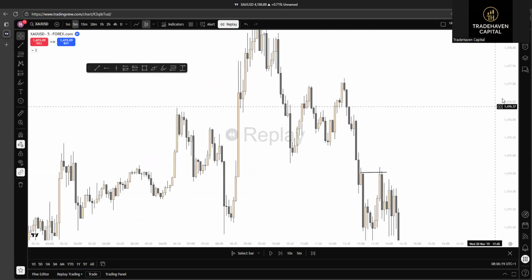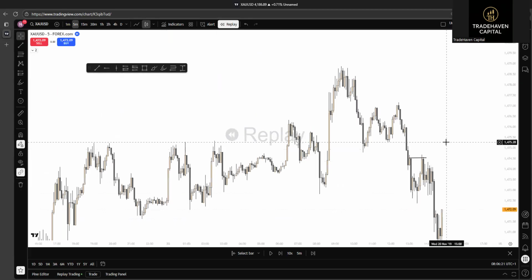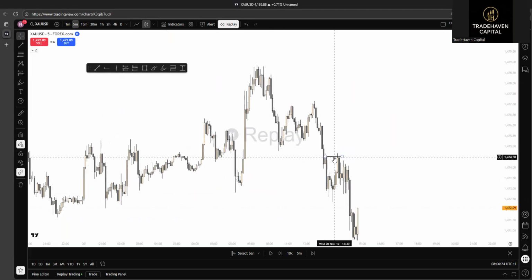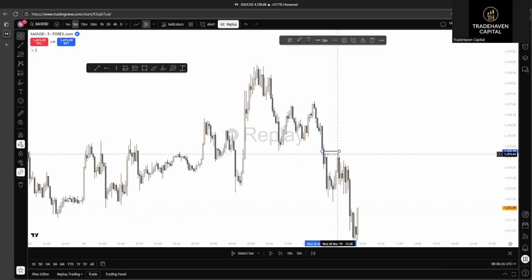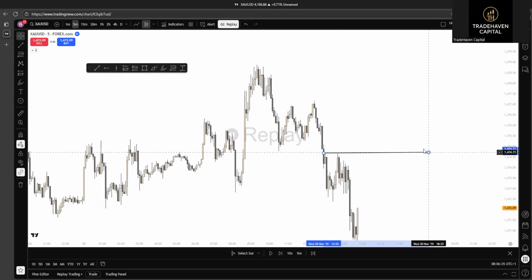So like right now, some of us can say, my market structure, I use double break. Once upon a time I used to trade with double break.